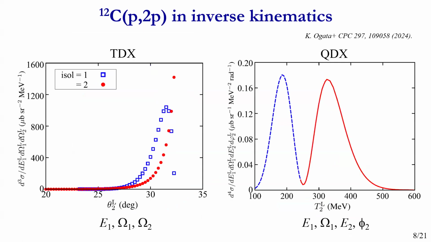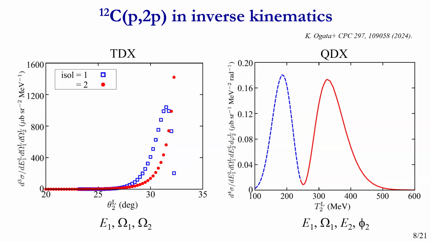By that, we can define the quadruple differential cross-section as a function of E1, omega 1, E2, and phi 2. Phi is the azimuthal angle of the second proton. In this case, the cross-section has a 2-peak structure. Now we consider (p,2p) from carbon-12, considering the knockout of a P wave. So the cross-section should have 2 peaks.